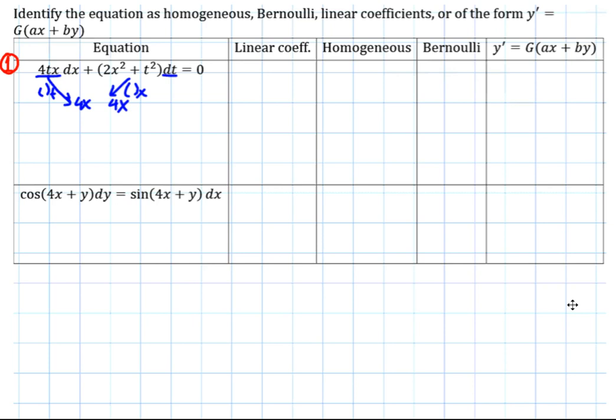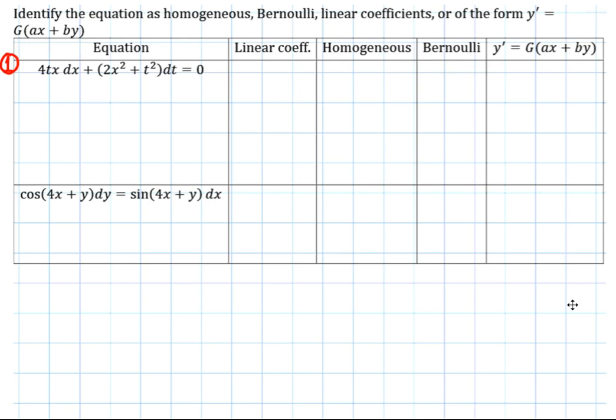So it is an exact equation as well, but that's not what we were asked to find here. Right, we only have this option.